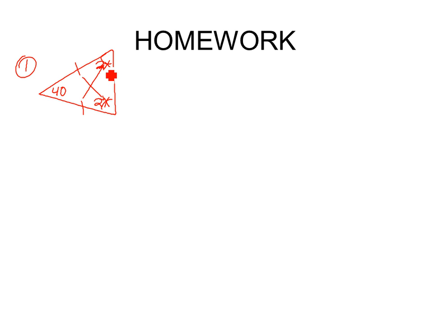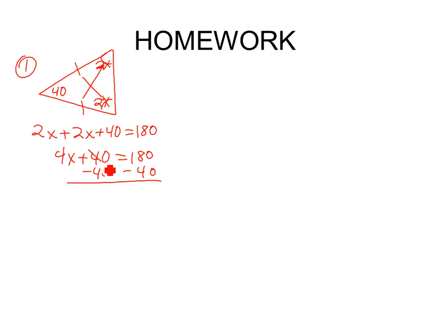Now what? 2x plus 2x plus 40 equals 180. Now what? Divide by 4.